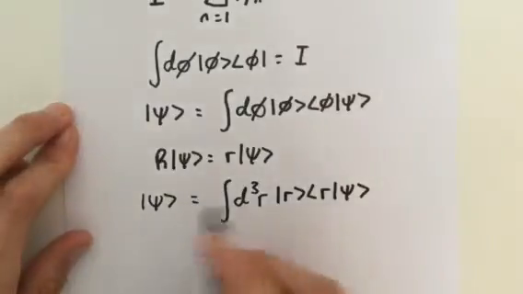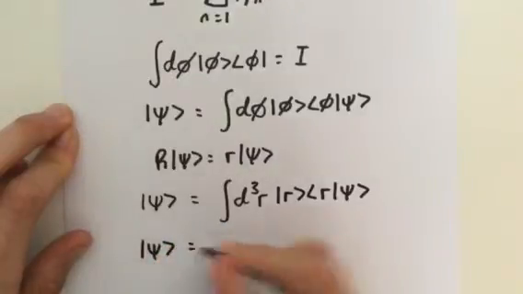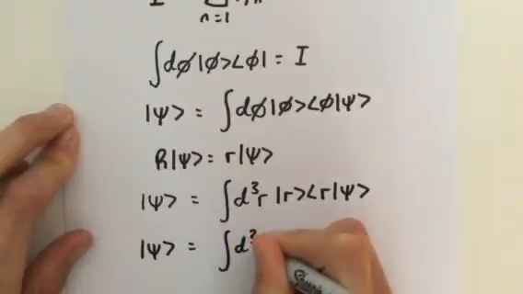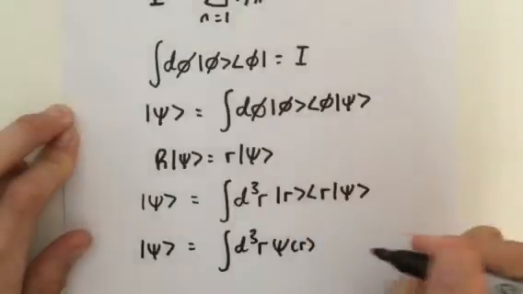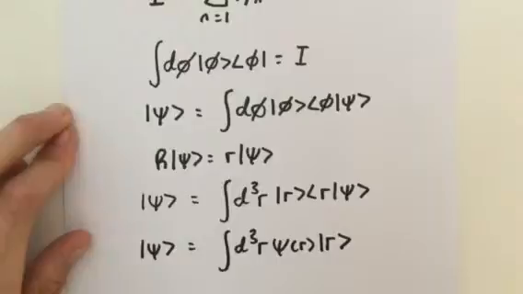And this also becomes, we can write it like this, psi is equal to the integral of psi r and then r ket.